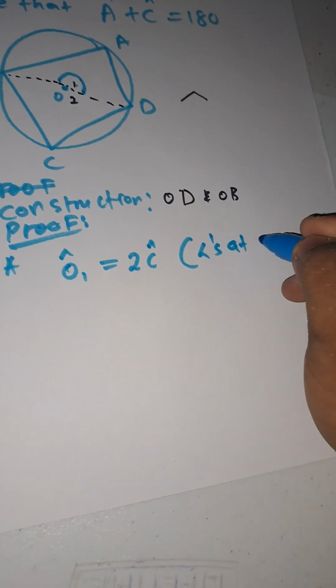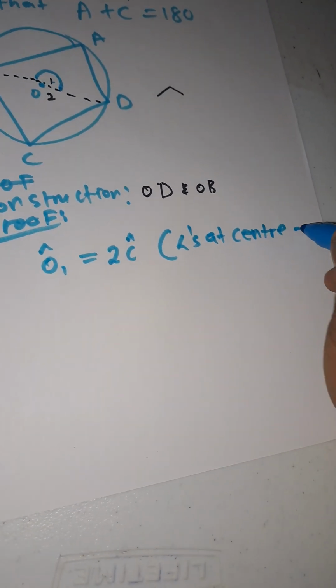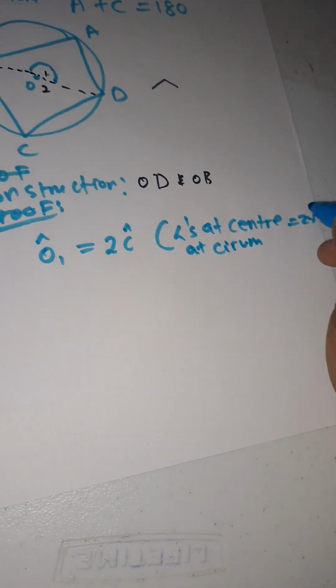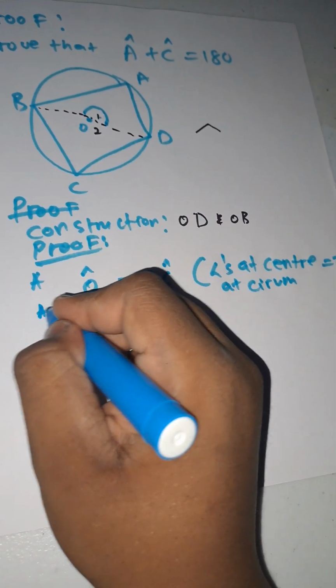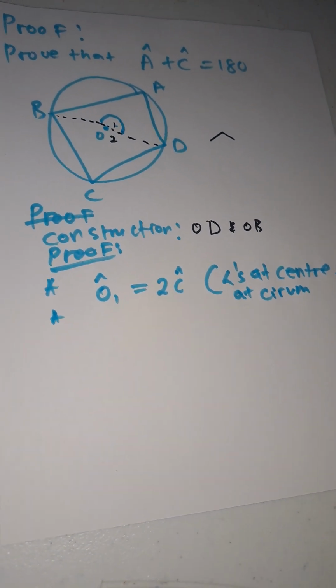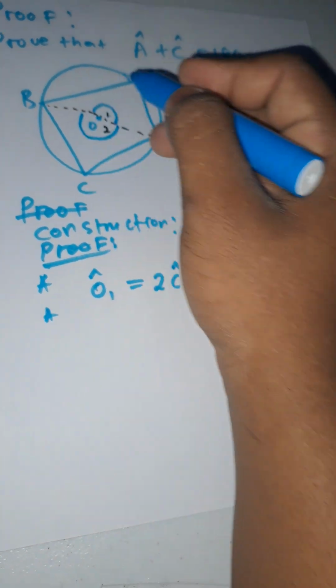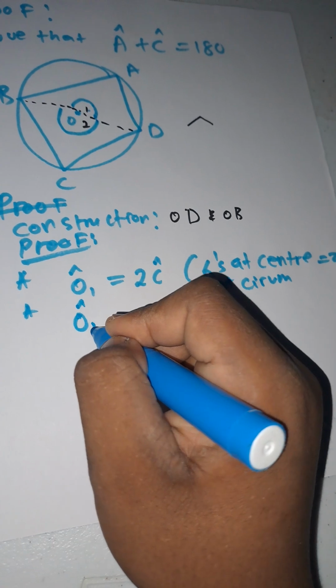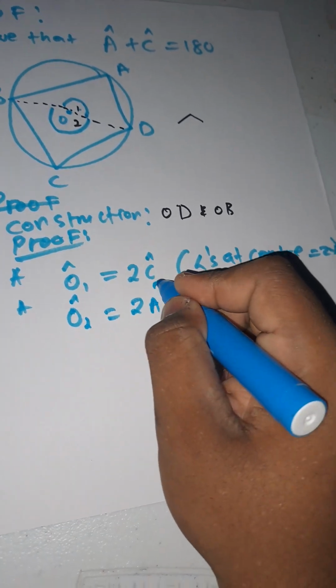Angles at the center equal 2 times the angle at the circumference. The same applies to angle A. So angle O2 is equal to 2 times angle A.